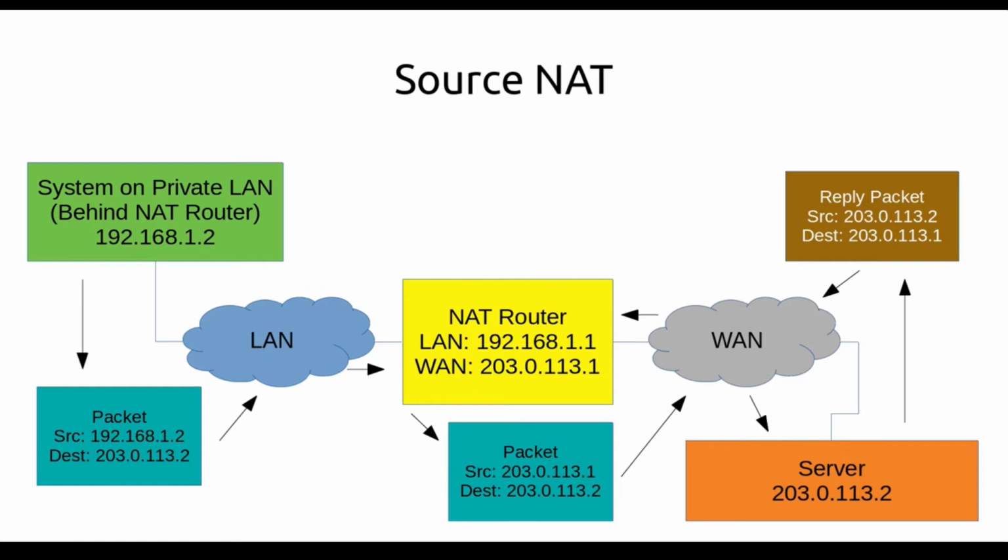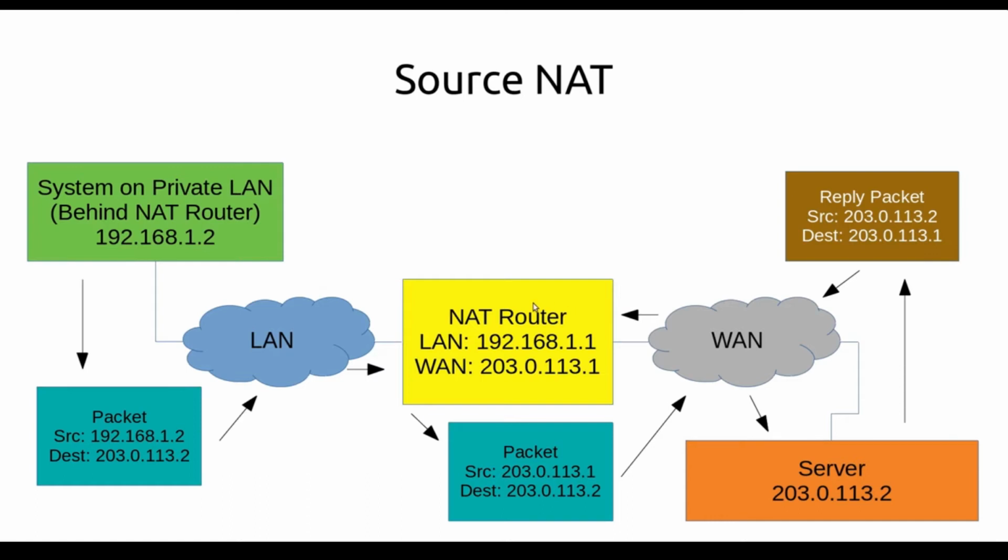And that reply packet is going to have the source address of the server, in this case, the public 203.0.113.2 address, but it's going to send the reply to the NAT router. So it's going to send it to the NAT router's public address, 203.0.113.1.